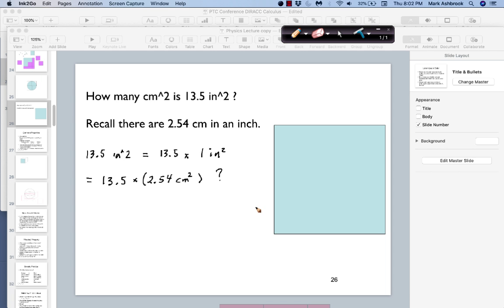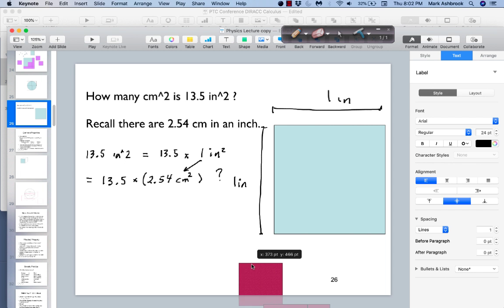So over here I'm showing an inch square. So suppose this is an inch square, but it's obviously much bigger. But suppose that this is 1 inch here. And this is 1 inch here. So what we're saying is, if we want to convert, we want to say what's equivalent to 1 inch square. We're saying how many centimeter squares fit in an inch square. So is it 2.54?